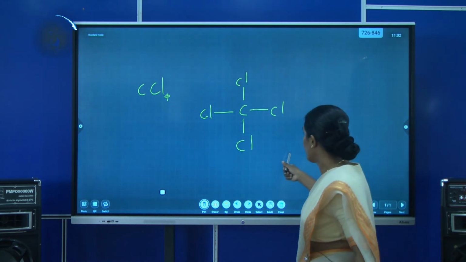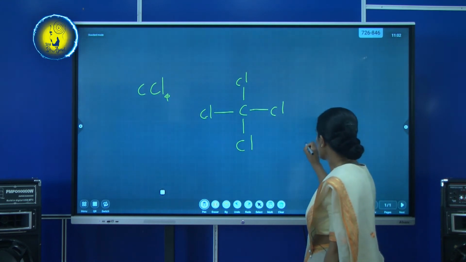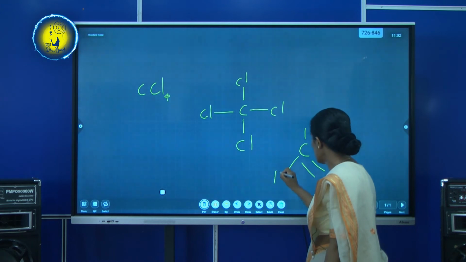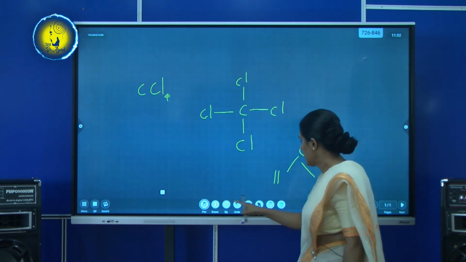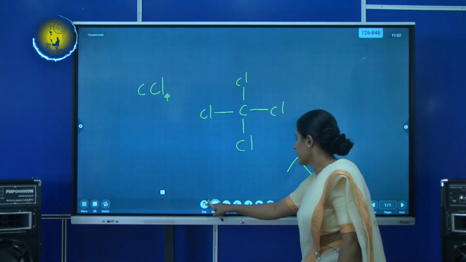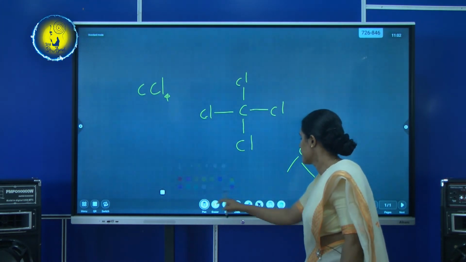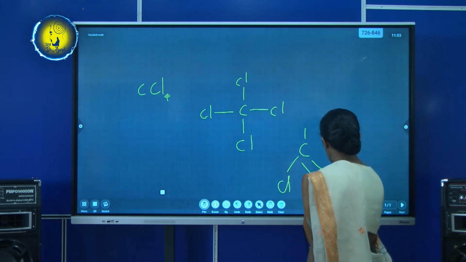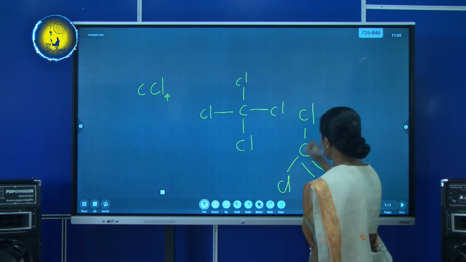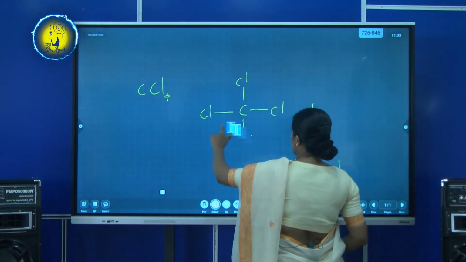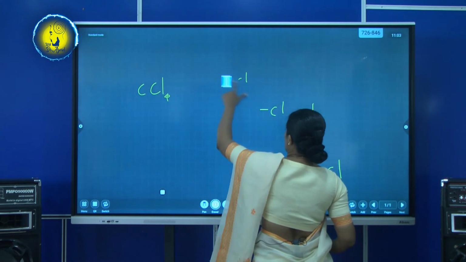Right? Therefore, this will give a tetrahedral shape. Chlorine, chlorine, chlorine, chlorine. Let me clean this one, then it is easy to understand, right?